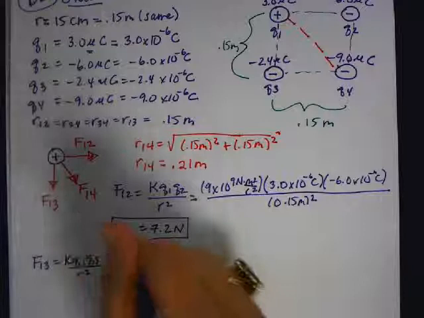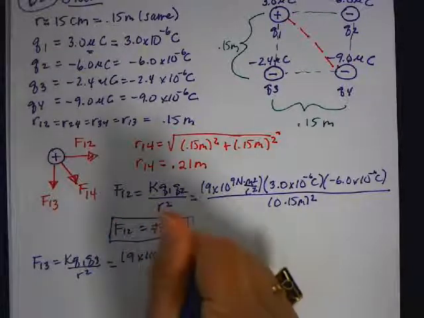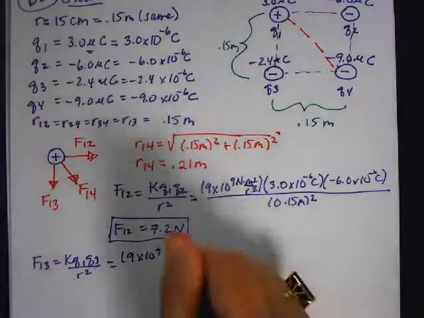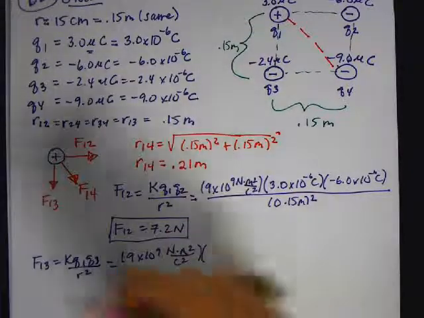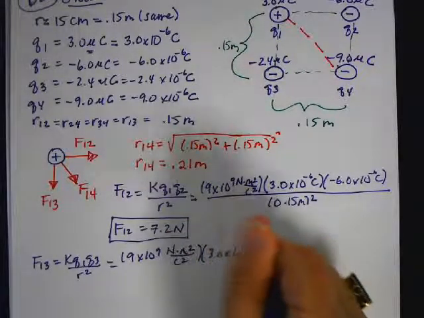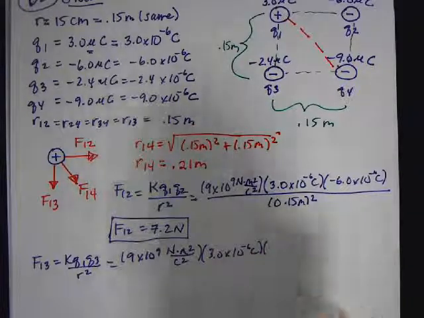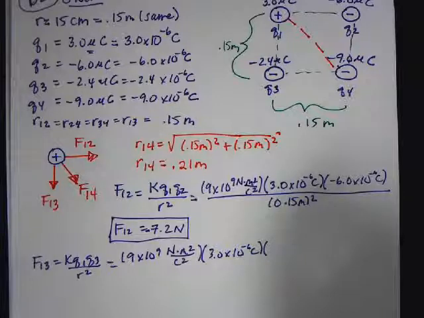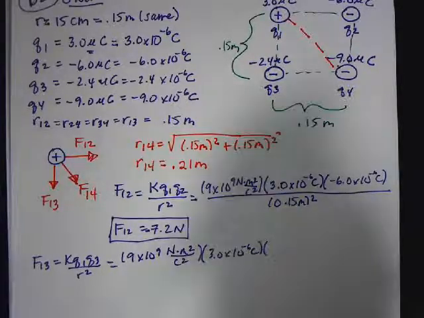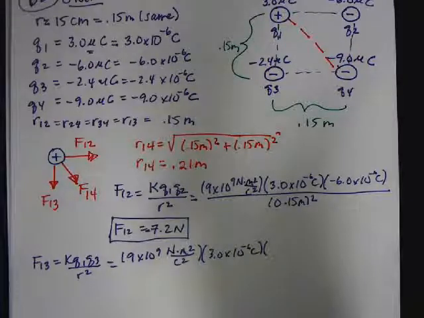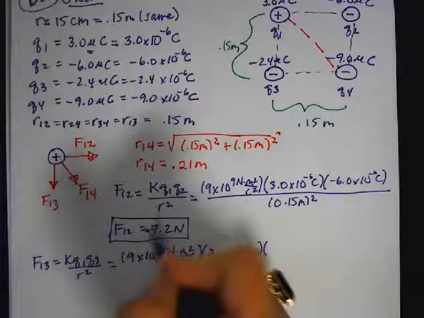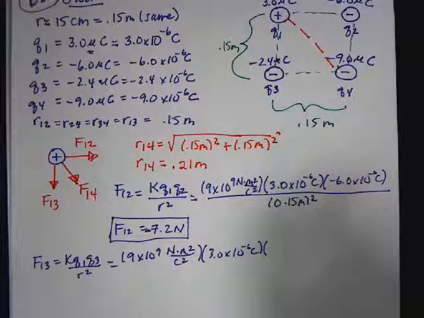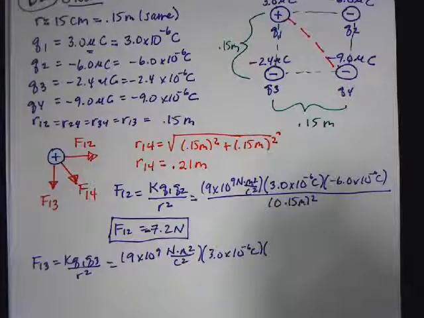So it's 9 times 10 to the 9 newton meter squared per coulomb squared times Q1, which is 3 times 10 to the negative 6 coulombs. And remember, I forgot the negative here. This is negative. And the negative sign basically tells me that it's a force of attraction also. But I need to know my signs later when I'm adding them up.